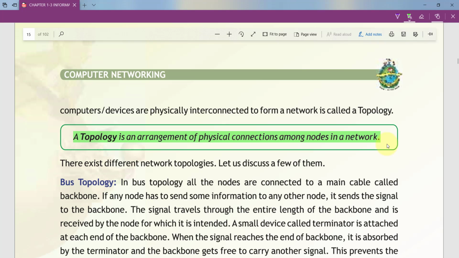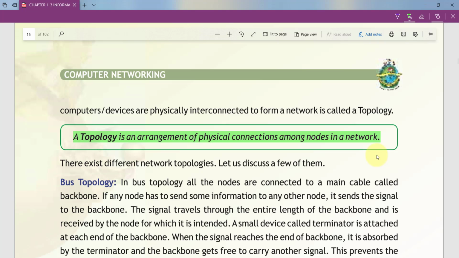So this is a physical arrangement, meaning where you will place the computers and in which pattern you want them to communicate. Where you physically place your devices is called the topology.